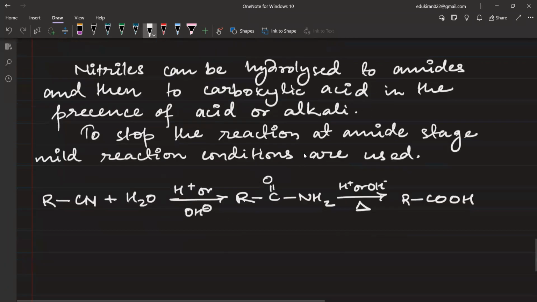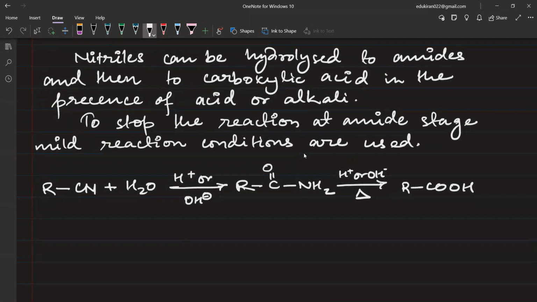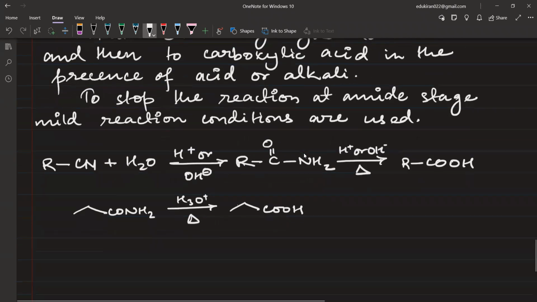But if you have a reaction like this, in this case we have H3O plus and heat, we are going to make COOH directly. Similarly, if you have CN and H3O plus and heat, it will not stop at the amide stage, it will go till the carboxylic acid.